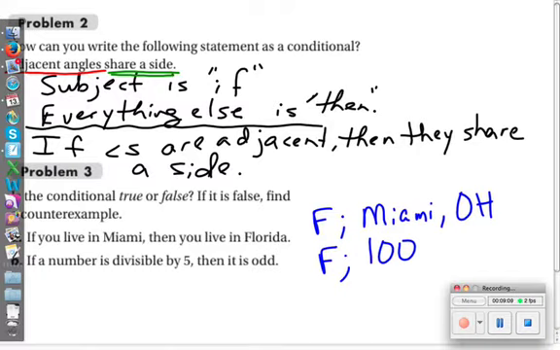Okay, let me clarify something. The problem 1, your turn, students are having no difficulty with. The hypothesis for the your turn for problem 1 is an angle of measure 130, and the conclusion is the angle is obtuse.